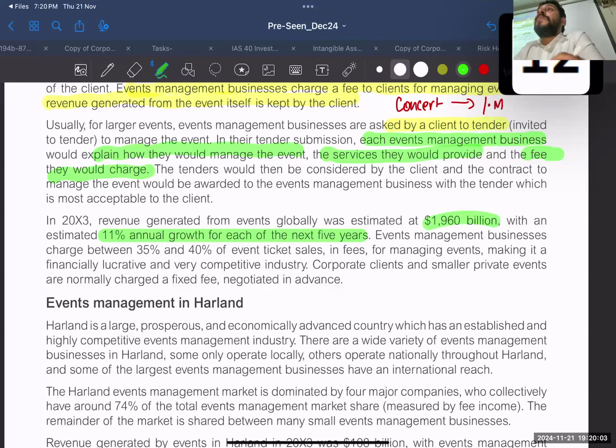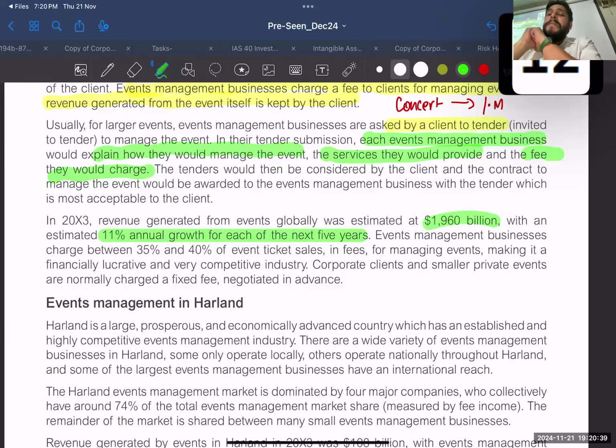This means it's a very promising industry. 11% annual growth means that over the next 5 years the growth target is going to reach 55% in comparison to the base year, that is year 1. 11% growth every year means that 1960 billion is to be multiplied by 155% at the end of the 5th year. So if I compare it with the base year, that is year 0, we have to go for a 55% increment. That is the rough estimation being provided by this industry expert.